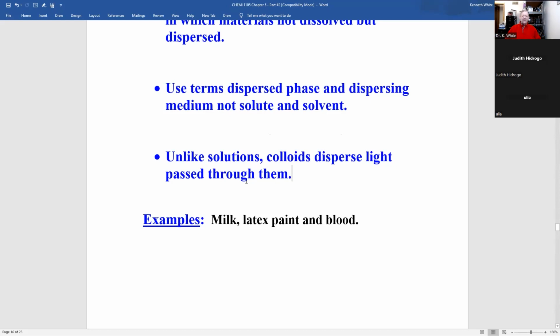In other words, you cannot pass light through a colloidal dispersion. Now, how can we tell if it's a colloidal dispersion or not?